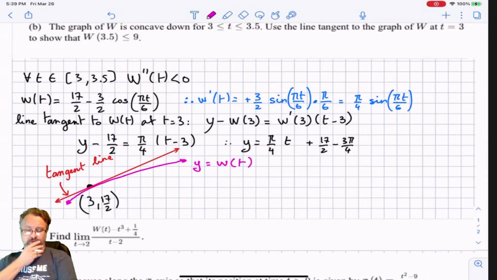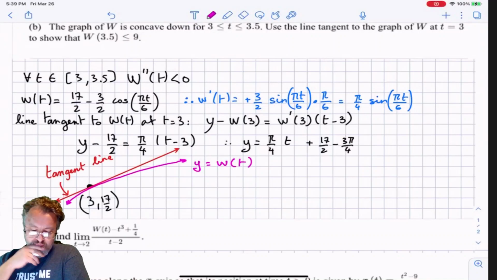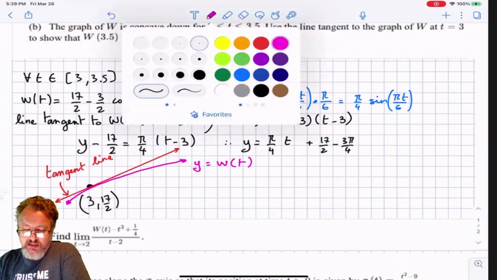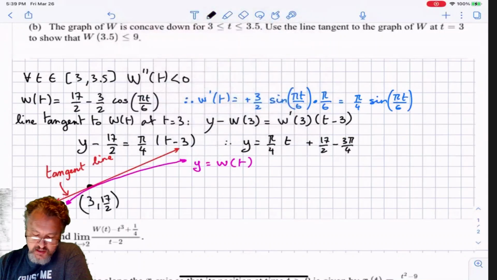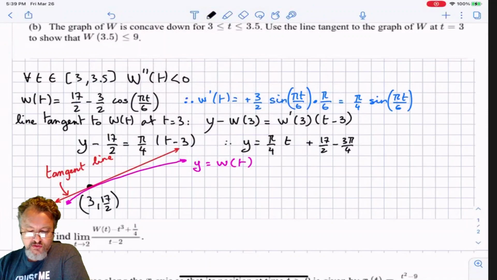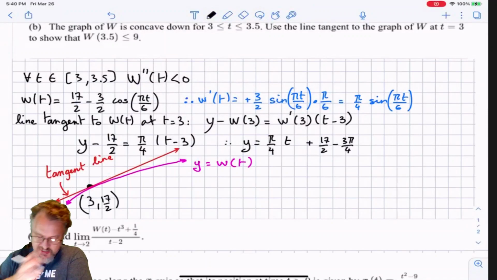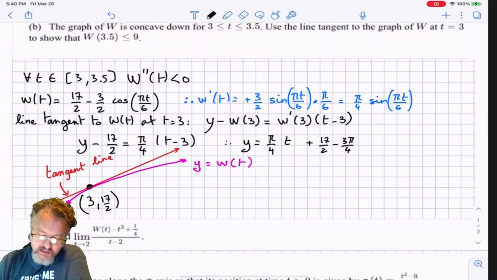It is concave down. Okay? And so we need to prove here that when t is equal to 3.5, we want to show that the function is less than or equal to 9. So if we are at 3 right here, maybe 3.5 we're going to be here.